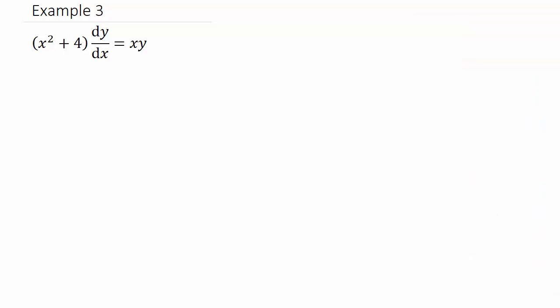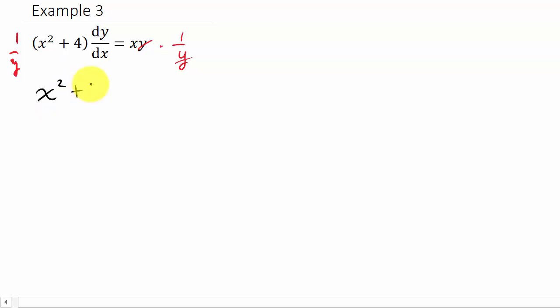Alright, so let's see, what can I do here? Well, I can multiply both sides by 1 over y. That'll get rid of the y here. Okay, and so that's going to give me (x squared plus 4) over y times dy/dx, and that equals x.